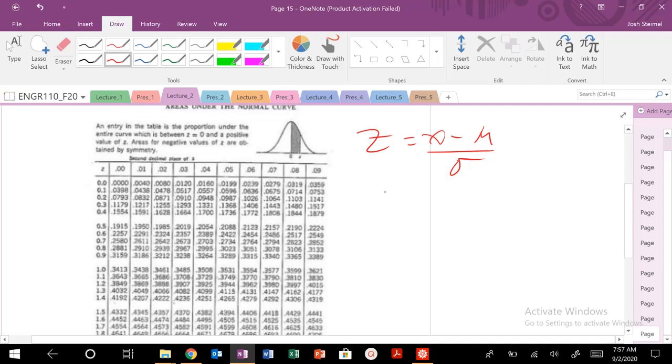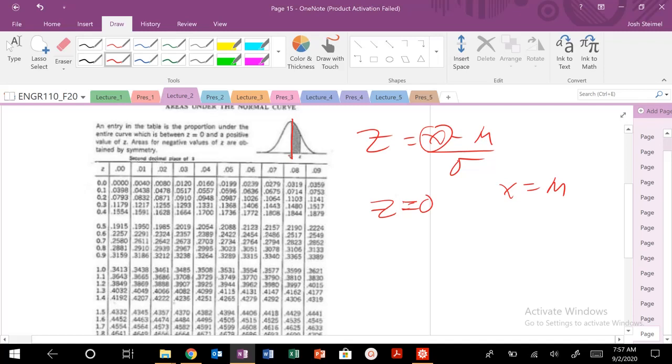So if my z is equal to 0, what does that mean? It means my measurand, x, is equal to mu. So when I'm centered at the mean of my normal distribution, my z-value is 0.